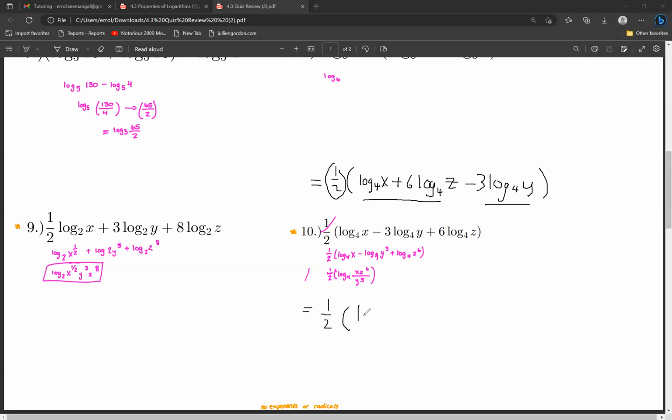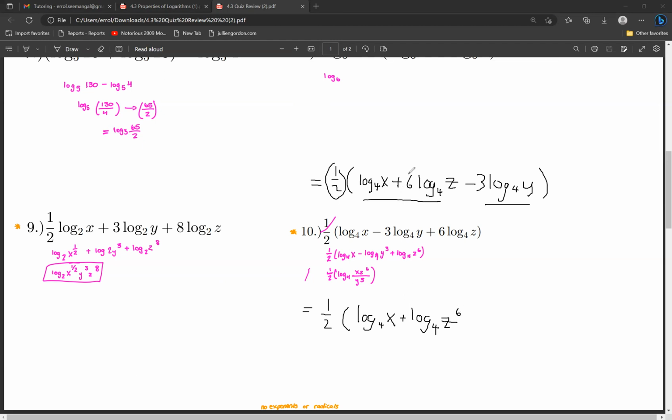So that's half log 4 and then x times. Okay, so now we're using that, what was the third one? The third one was called what rule? Power property. Okay, so let's rewrite it using the power property: log 4x plus log 4z6.